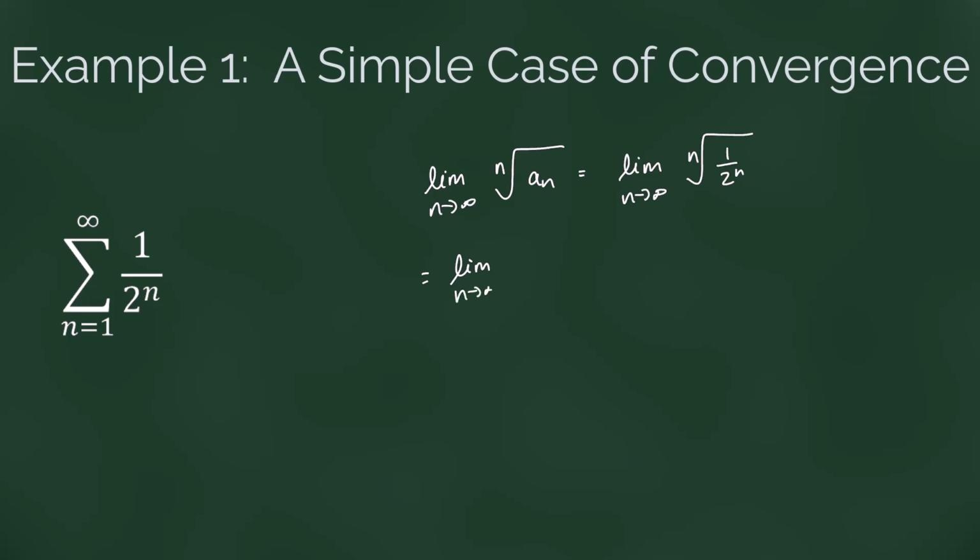Well, that is the same as the nth root of the entire quantity 1/2 raised to the n power, which is just 1/2. If we take the limit as n goes to infinity of 1/2, we get 1/2. Of course, that's equal to our r value in our geometric series. But more to the point, that's less than 1, which means that by the root test, this converges.